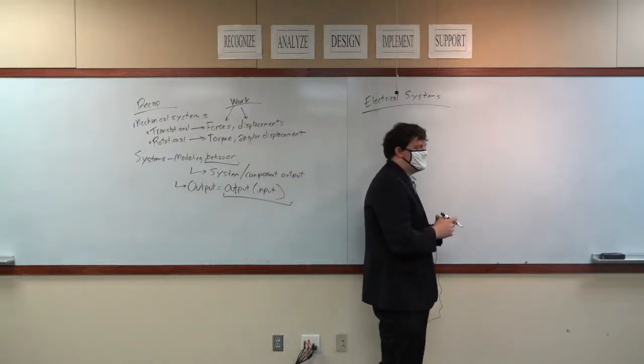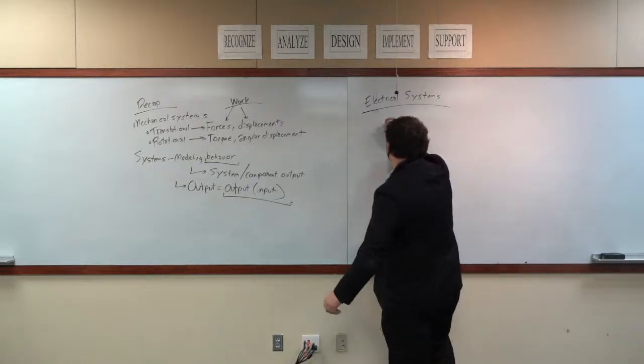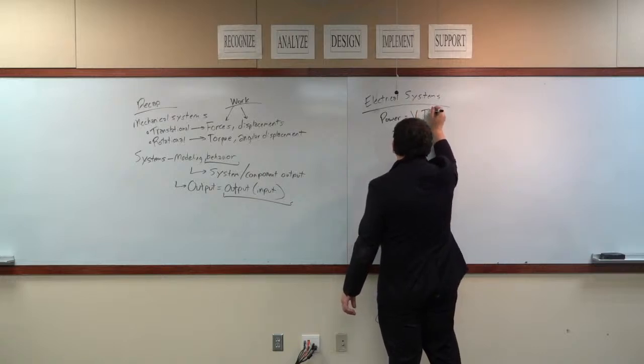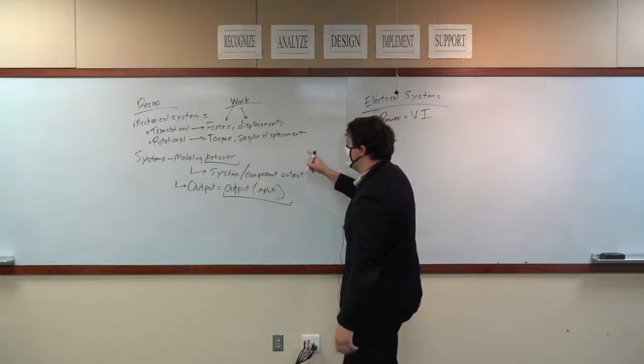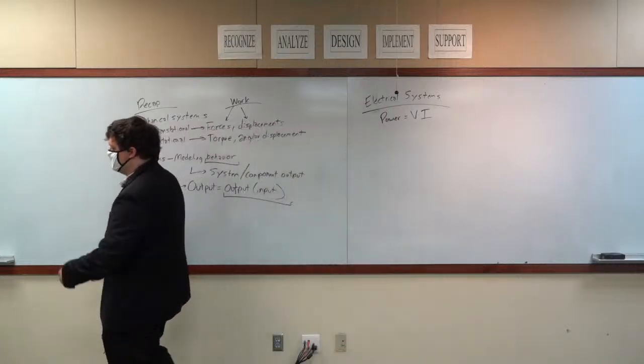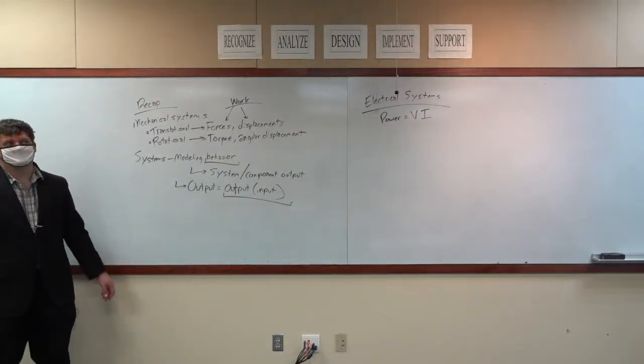What's the formula for power in an electrical system? Power equals V times I. Now power is just the time derivative of work. It's work done per second or per time unit.